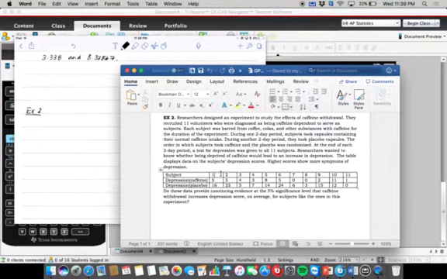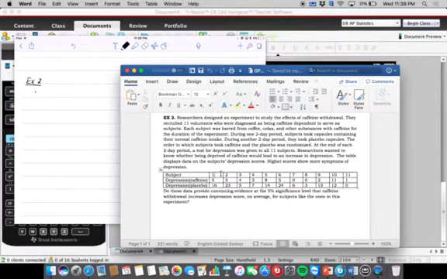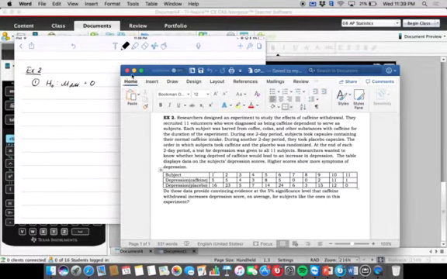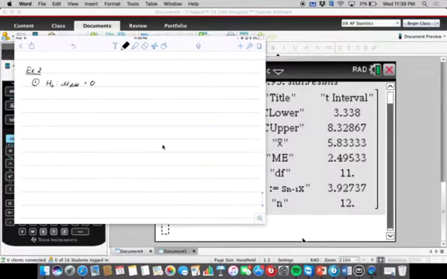We start as we normally do. We have to state our hypotheses, so your null hypothesis. Remember, your population characteristic of interest is the mean difference, which is always going to be equal to 0. And then your alternative hypothesis, again mean difference is your population characteristic of interest, and we're going to make this greater than 0.